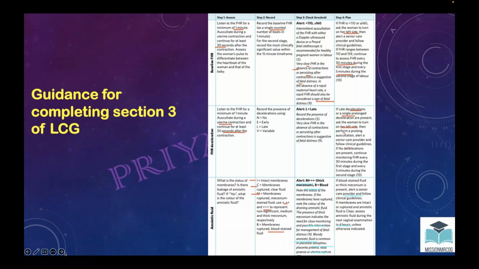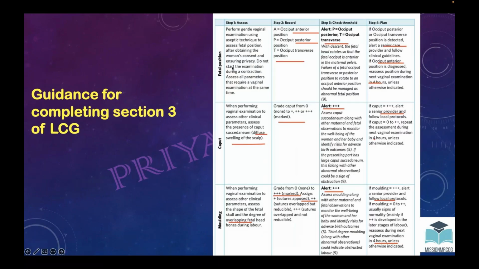Then another, fetal position. This part was asked by the role player in the exam. So fetal position is recorded after PV: A for occipito anterior, P for posterior, and T for occipito transverse. Now what are the alerts? P and T are alerts.